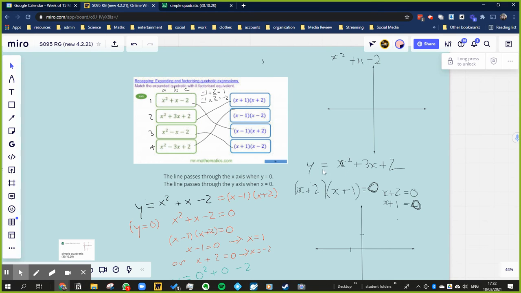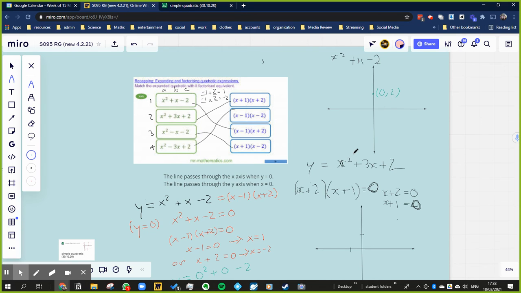Well, when x equals 0, y is going to equal 0 squared plus 3 times 0 plus 2. So y is going to be equal to just 2. So in other words, the coordinates are 0, 2.